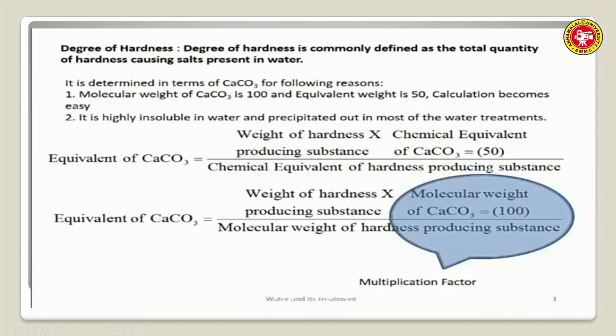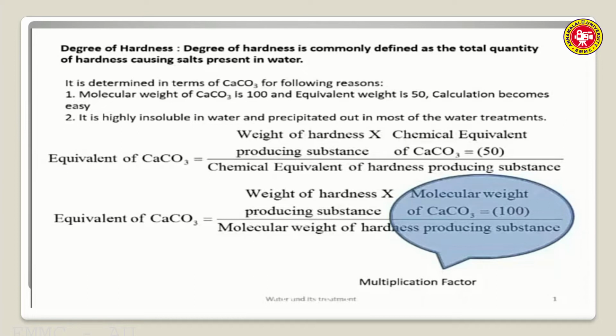Not only that, it is highly insoluble in water and is precipitated out in most water treatments. Because of these two reasons, all the hardness producing impurity salts are first converted to calcium carbonate equivalent hardness, then used in the calculation of temporary, permanent and total hardnesses.